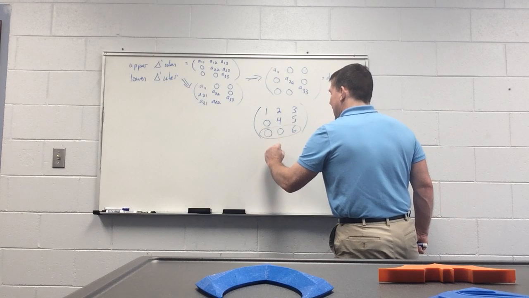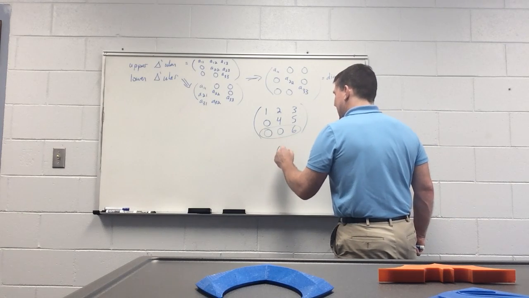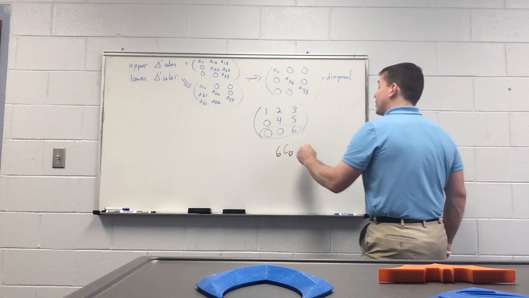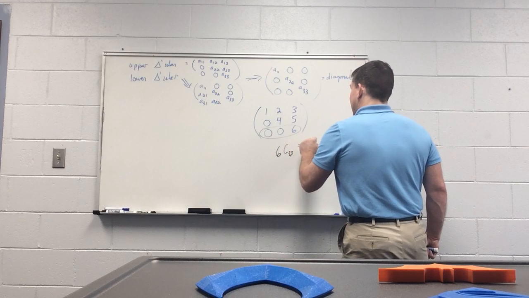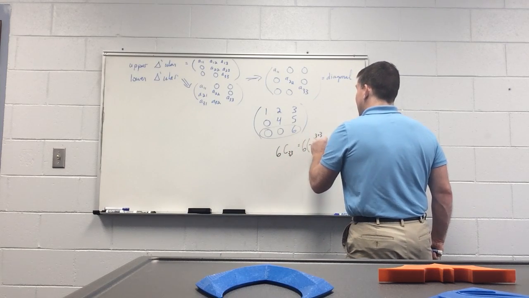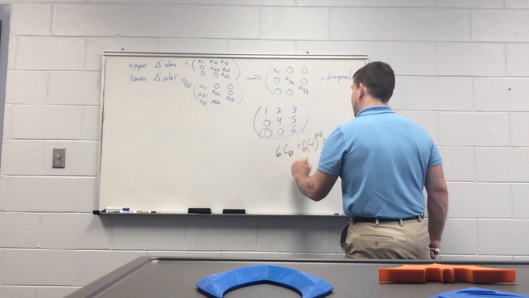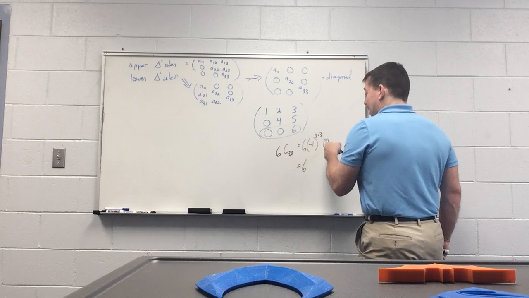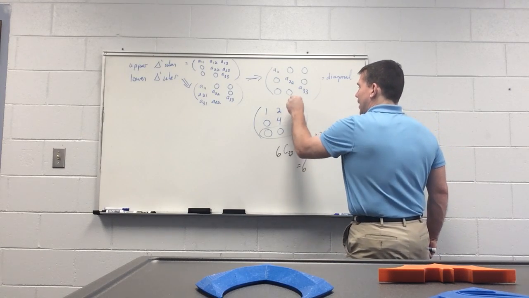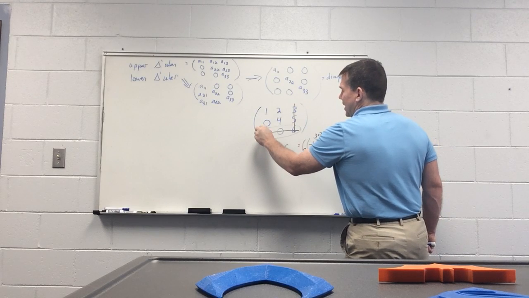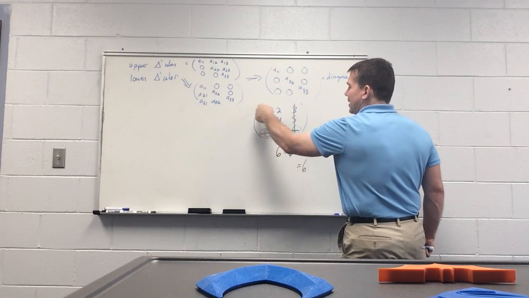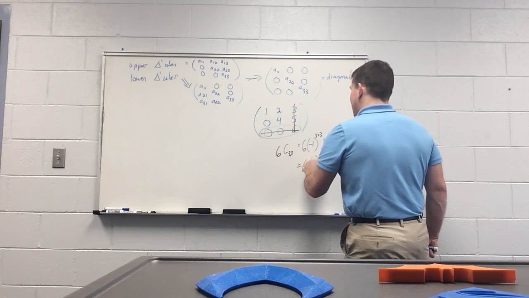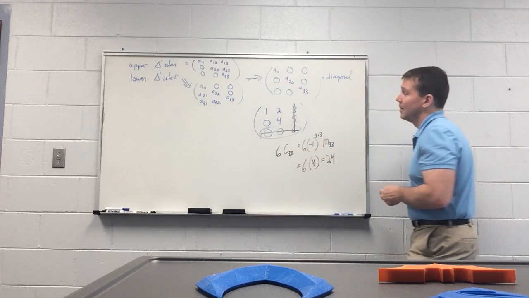But then I will get 6 times the cofactor at third row, third column, which is 6 times negative 1 to the 3 plus 3 times M33. Negative 1 to the 3 plus 3 is negative 1 to the 6, which is 1. M33: if I get rid of this row and this column, then I just need to find the determinant of that. 1 times 4 is 4, 2 times 0 is 0. That's just 6 times 4, which is 24. And I'm done.